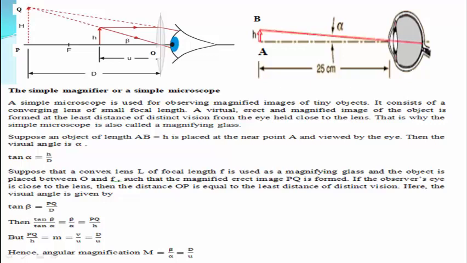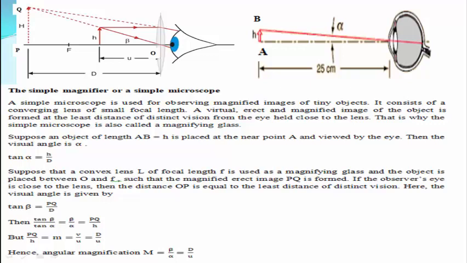Suppose that a convex lens L of focal length f is used as a magnifying glass and the object is placed between O and F such that the magnified erect image PQ is formed.